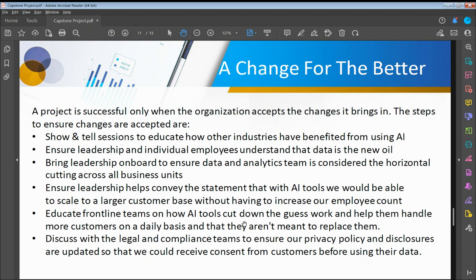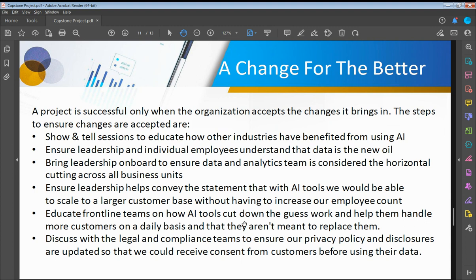We also make sure that leadership conveys that the purpose of using AI is not to downsize the company, but instead to allow scaling up the company so that we are ready to accept more and more members. If each employee we currently have is able to service 10 people in the current day, using AI tools they'll be able to service 15 or 20 people.